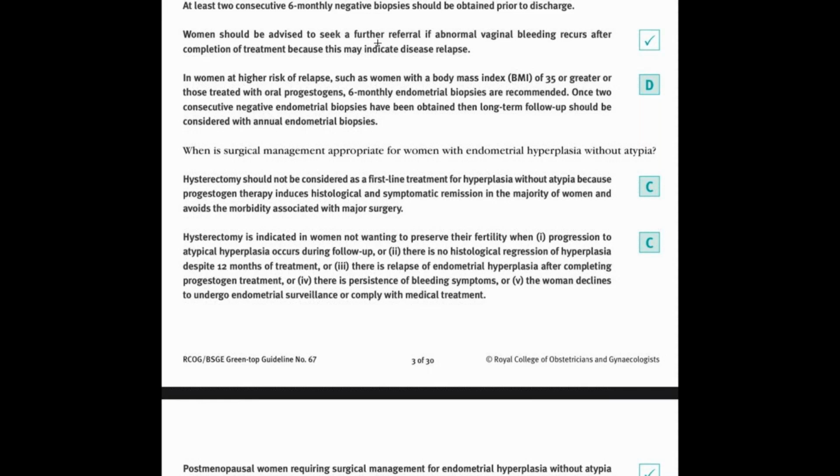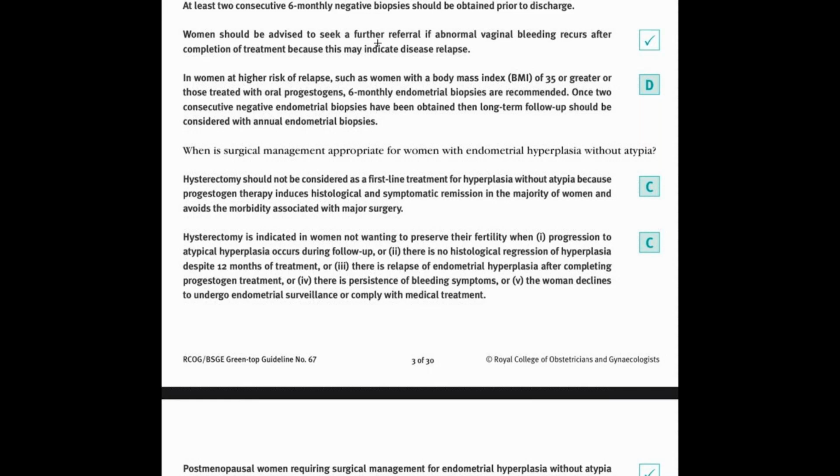If she's going to have oral progesterone, the follow-up is going to be different. She's going to have 6 monthly biopsies, but after 2 negative biopsies you're not just going to discharge her back to the GP with no further biopsies like with the Mirena coil. After 2 negative biopsies, she would need yearly endometrial biopsies.